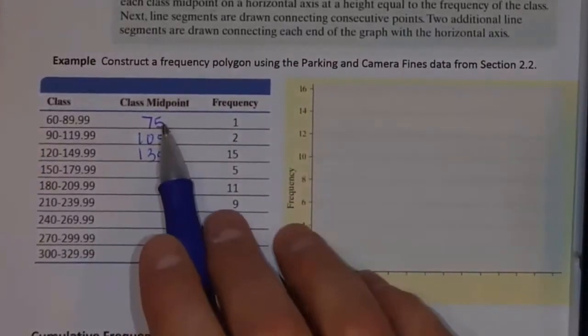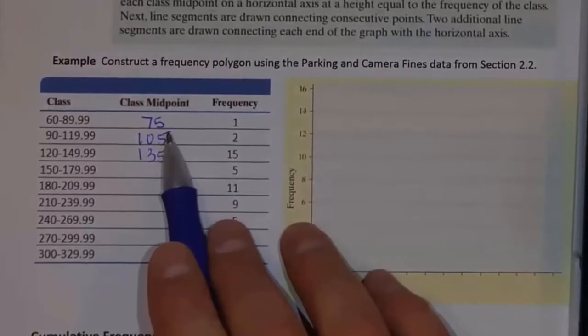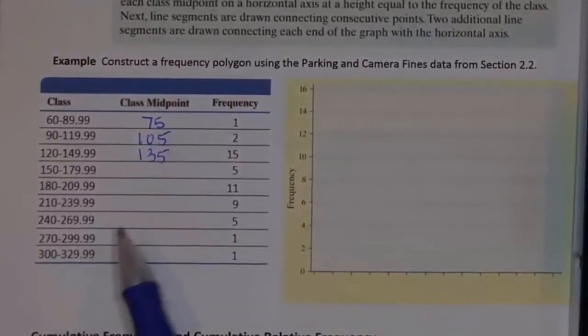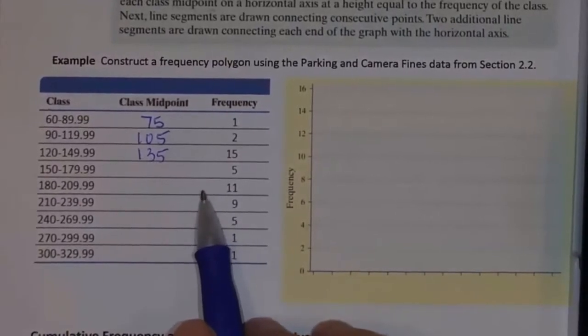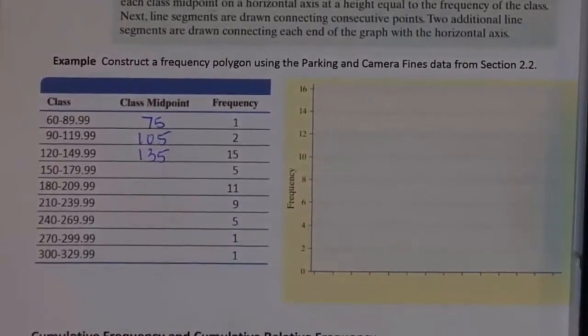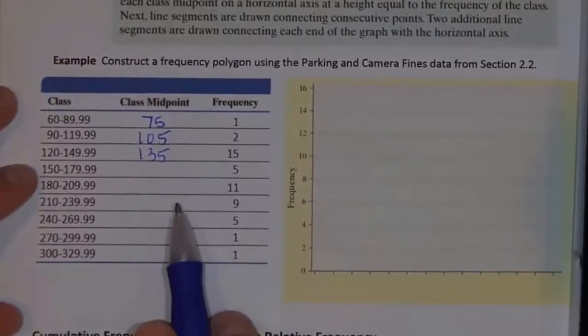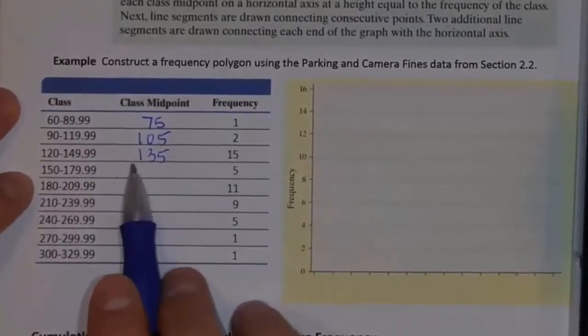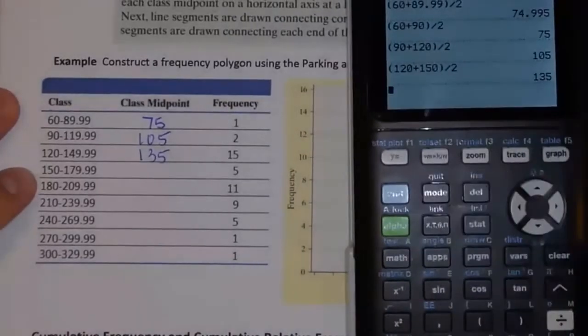Now, I will tell you, when we did this problem by hand in section 2.2, I used a different class width than what I used in my summary right here. I think we used a class width of 25 instead of 30. I'm using a class width of 30 here. So this isn't going to perfectly match what we did with the histograms, but it's very similar. If these were my classes, these would be my frequencies, and these would be my midpoints.